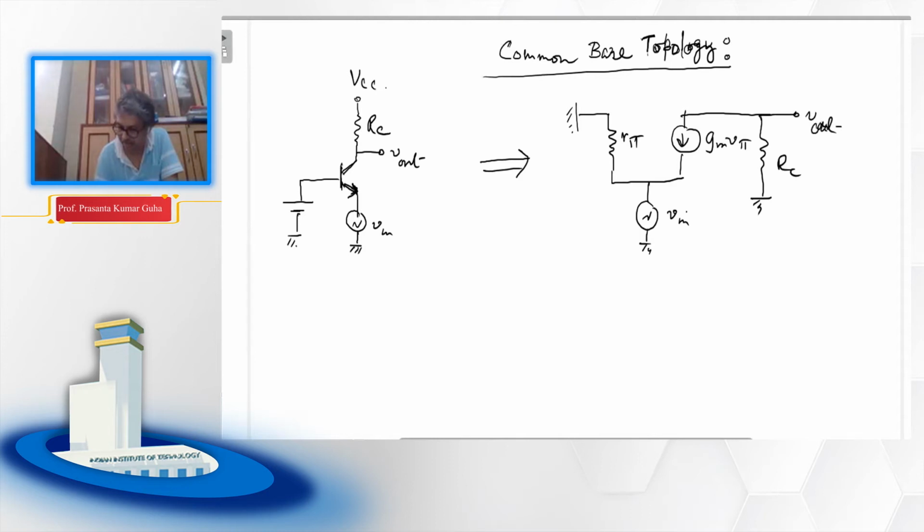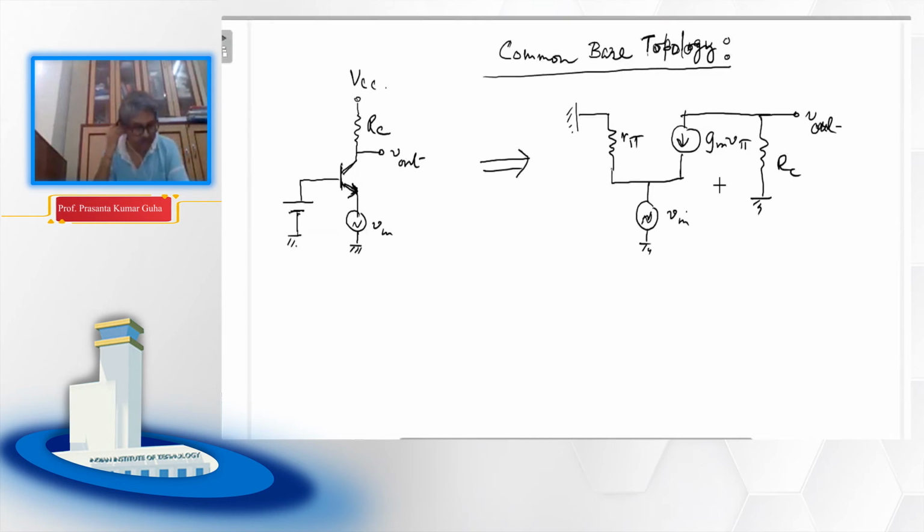This is again pretty straightforward from our common emitter discussion. The only difference here is instead of applying V in at your base, you are applying V in at the emitter, and base is your AC ground. In the base you have applied a DC biasing voltage, and another voltage is VCC, right? So this is the common base topology.